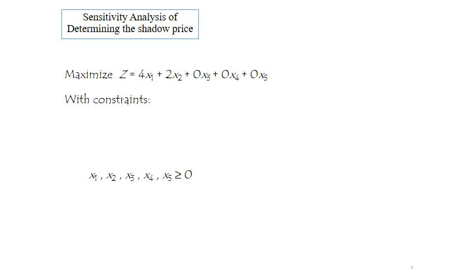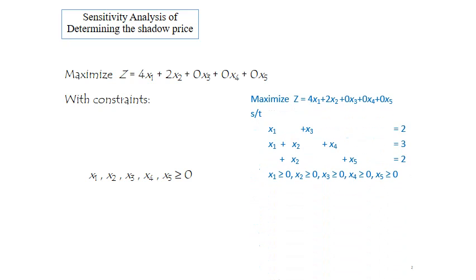So now the next thing to do is we need to make the function into the standard shape like this. And then the next step is we need to put the slack variable into the side of the constant. For example, in function 1 there is x1 plus x3 equals 2. Then we need to put the x3 into the side of 2.